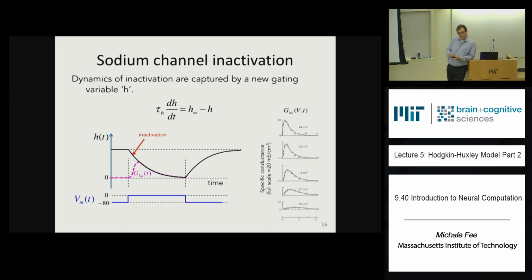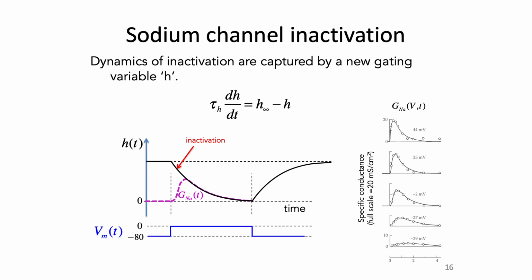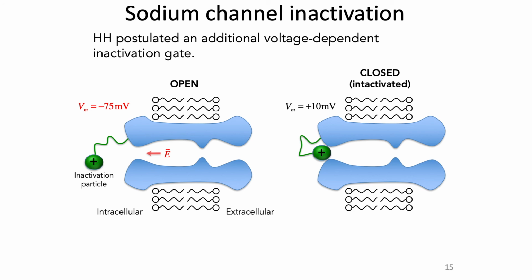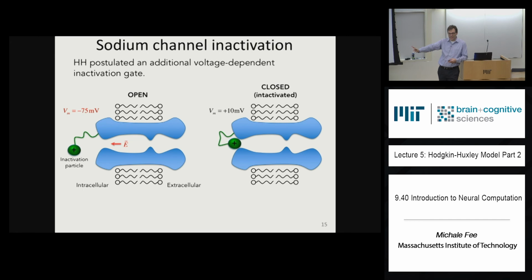Yes? If there is inactivation, does that mean it's already turned on? So why does deactivation... Yeah, so let's just go back to this picture here. When the cell is hyperpolarized, the thing is hanging out outside, not getting in the way. When you depolarize the cell, that electric field is not pushing it out anymore and it falls in.